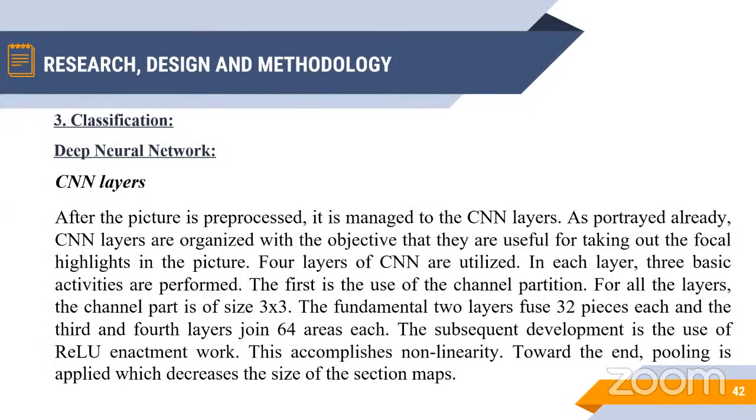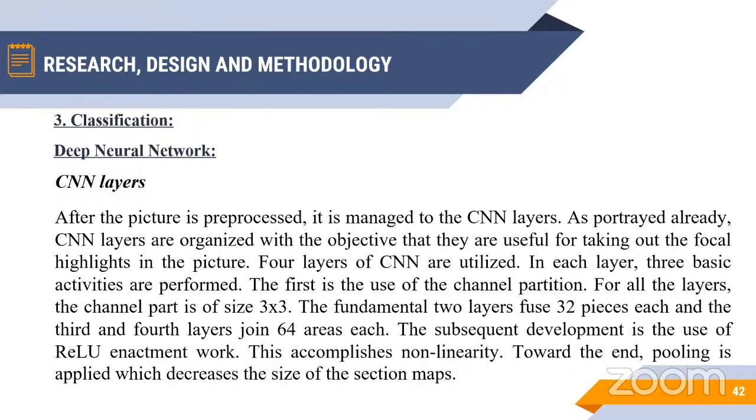In the deep neural network, all these layers are recognized with the objective that they are useful for taking out the focal highlights in the feature. So these layers were utilized, and in each layer 3 basic activities are performed.